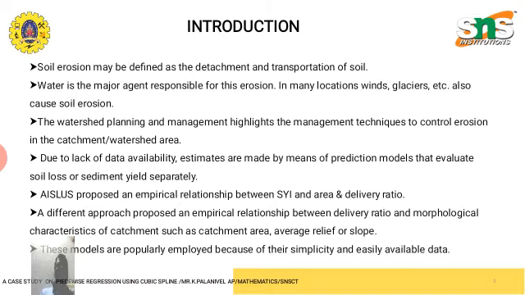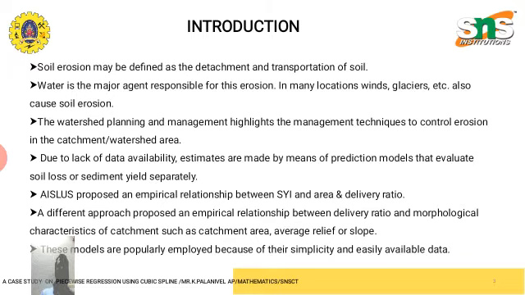Due to lack of data availability, estimates are made by means of prediction models that evaluate soil loss or sediment yield separately. Alceles proposed an empirical relationship between SYI and area and delivery ratio.